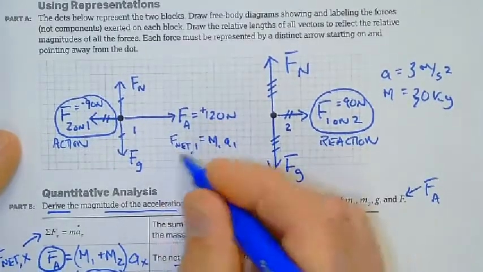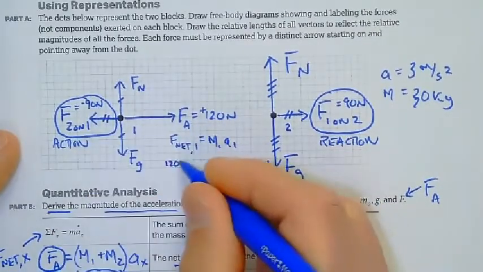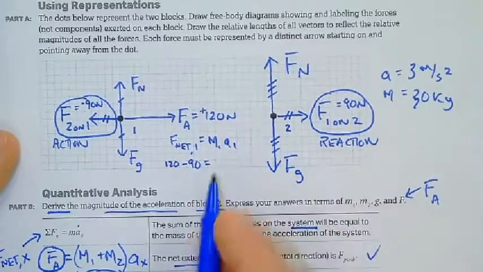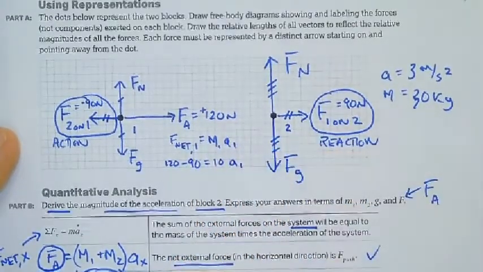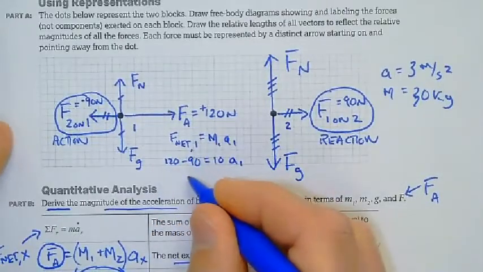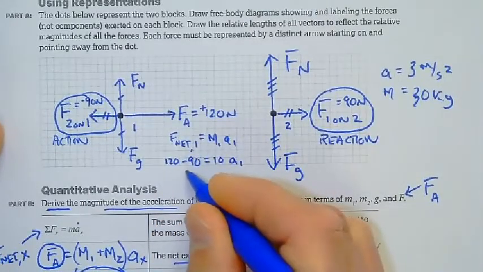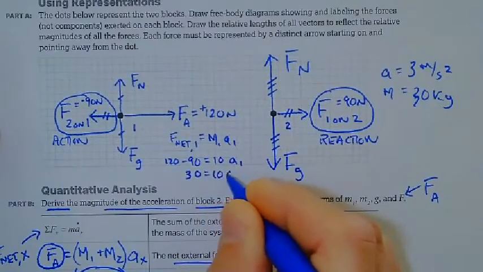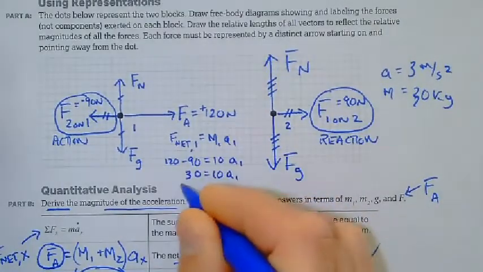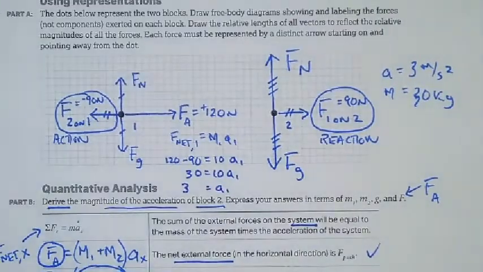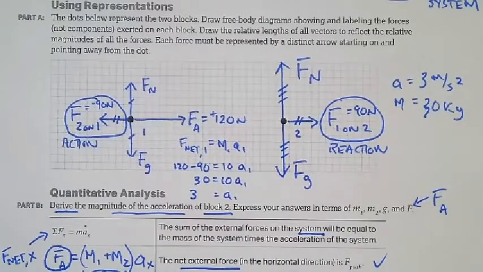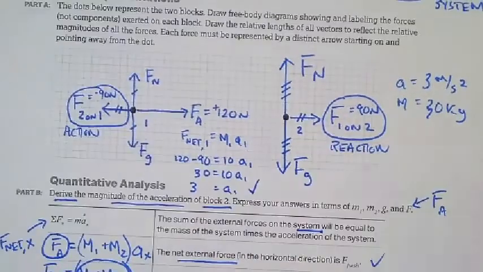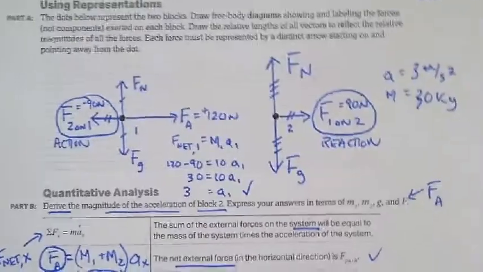The net force on 1 is 120 minus 90. Mass of 1, we said, was 10. Let's just see if everything works. 120 minus 90, that would be 30. And that gives us the same acceleration that we figured out in the beginning. Wow. So we knew that already, but it's a great way to check your answer and make sure you're doing stuff right. Okay? So yeah, that's how we do these problems.